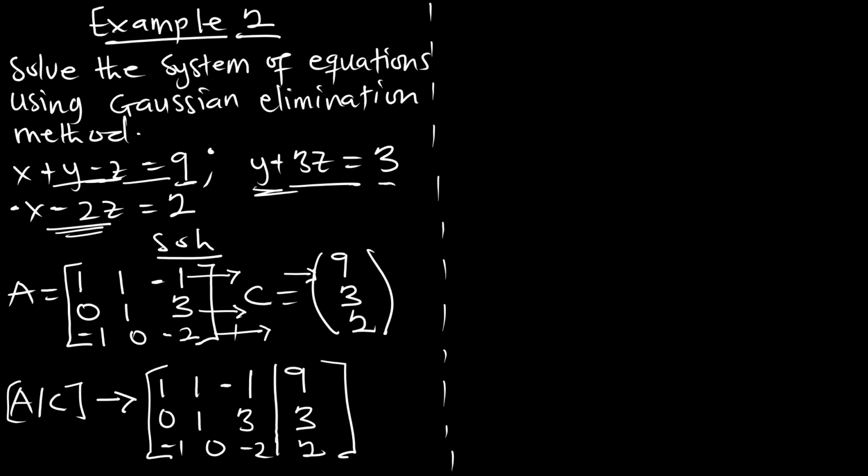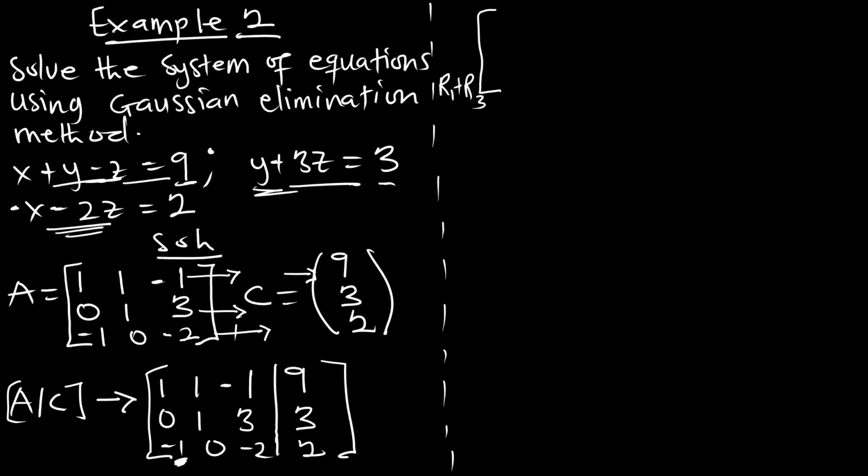So this is the matrix. I want to convert this negative 1 to 0. I can add row 3 and row 1.